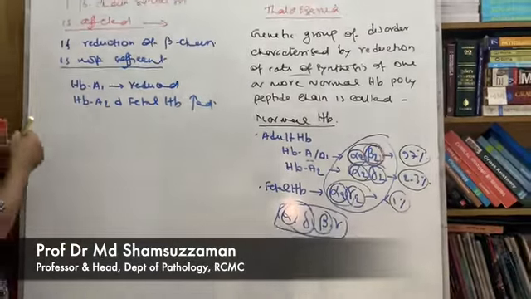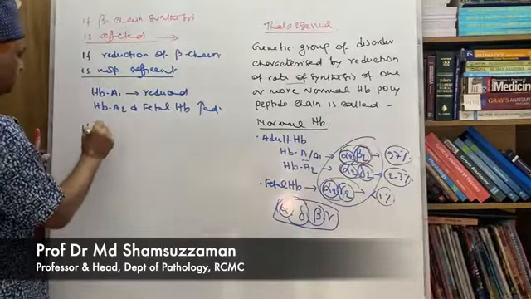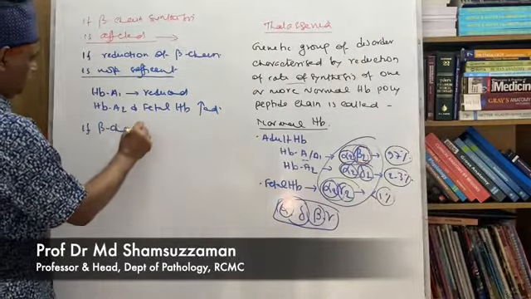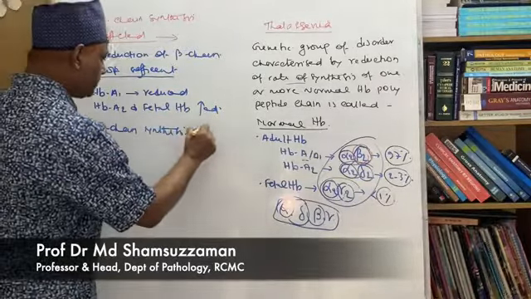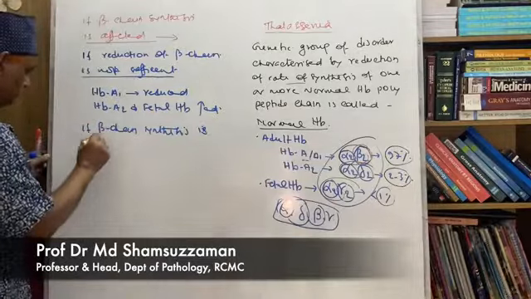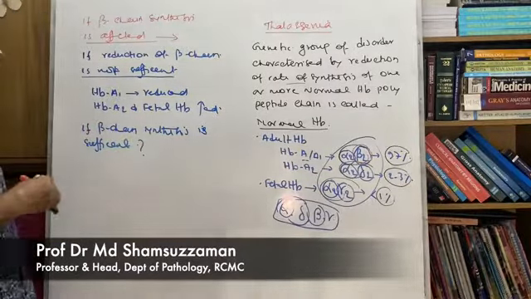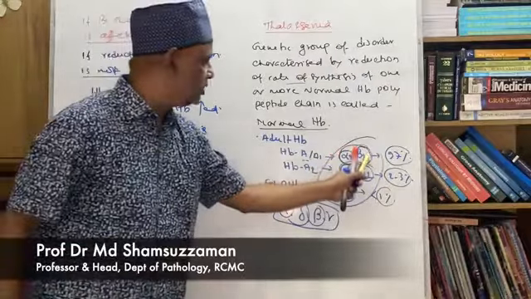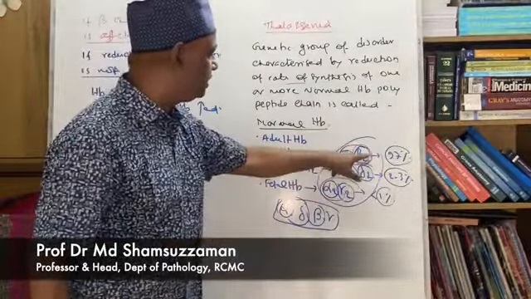And if reduction of beta chain synthesis is sufficient, then what will happen? The alpha will not get any beta in that case.